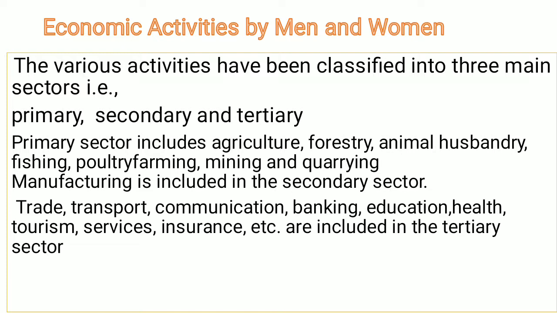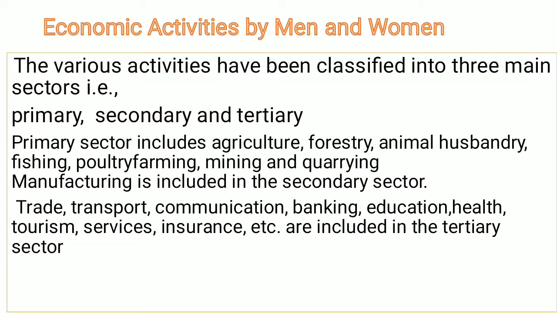In the primary sector, agriculture, forestry, animal husbandry, fishing, poultry farming, mining, and quarrying are included. It means the activities we do with the exploitation of nature are included in the primary sector.